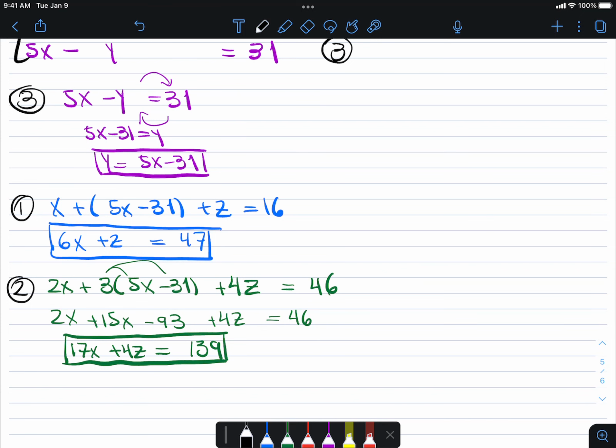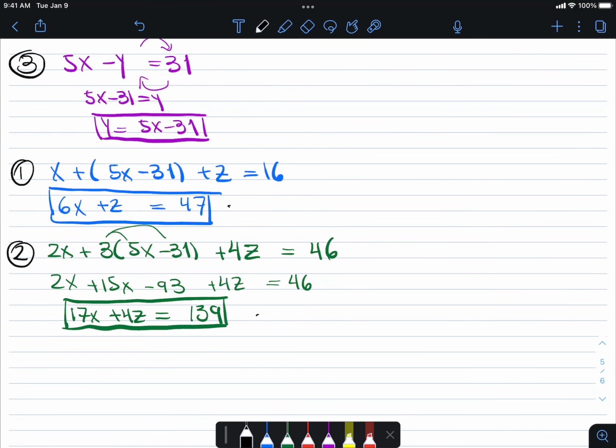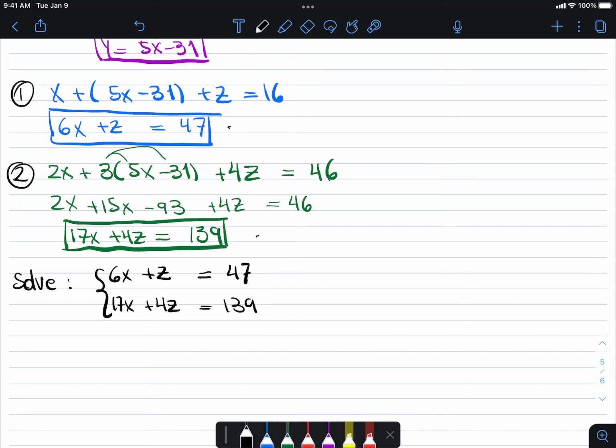So now I need to group these two together, and I'm solving a system of equations that says 6x plus z equals 47 and 17x plus 4z equals 139. This is a system that only involves two variables, so I'm more familiar with how to solve this.